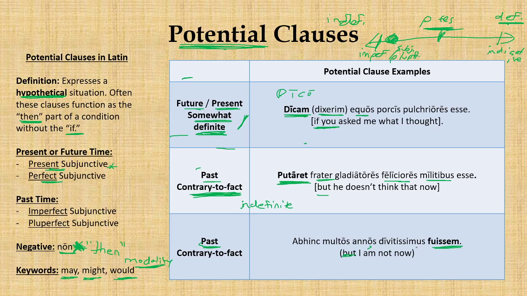So I would have been a very rich man many years ago, but I wasn't then, and I'm not now. So this is the idea really that's being expressed by the pluperfect. It's something that is contrary to fact. It's something that is completely indefinite and was also happening in the past.